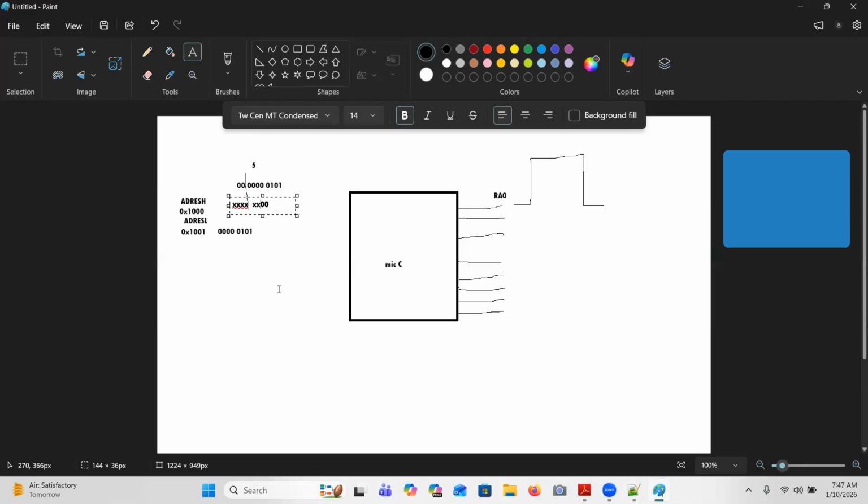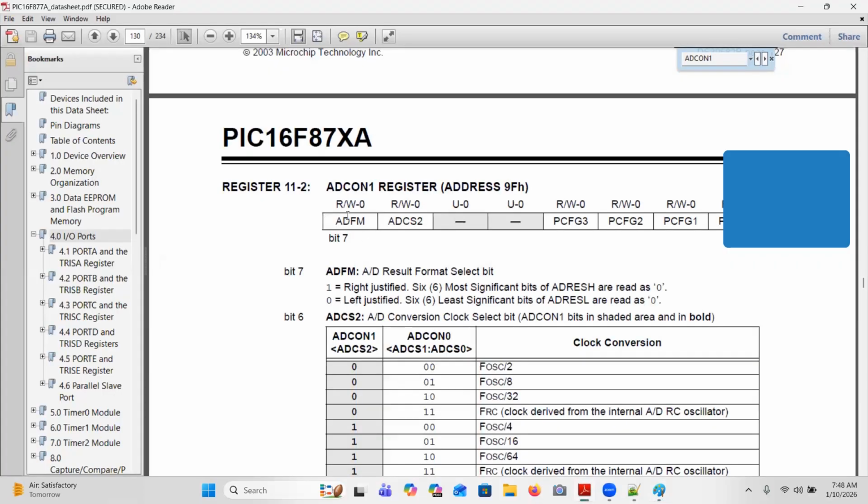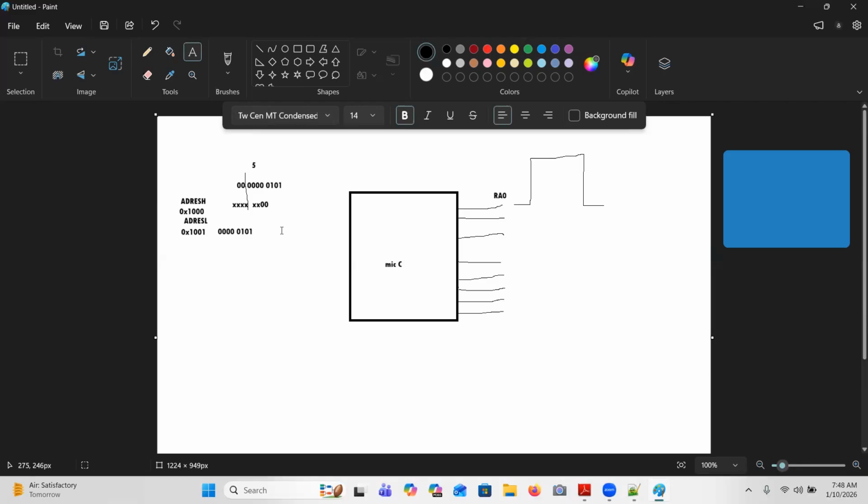Understood? So when you set this bit to 1, it is right justified. Right justified means the entire result is placed sequentially from the right, so your result is right justified.